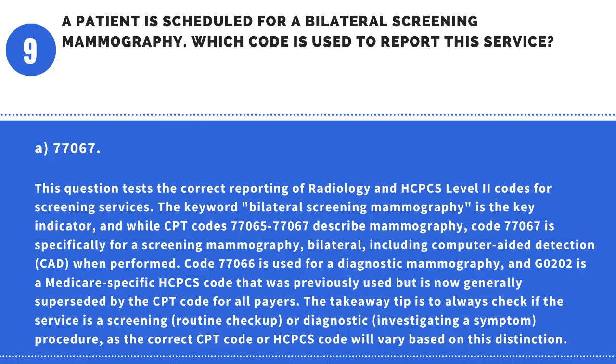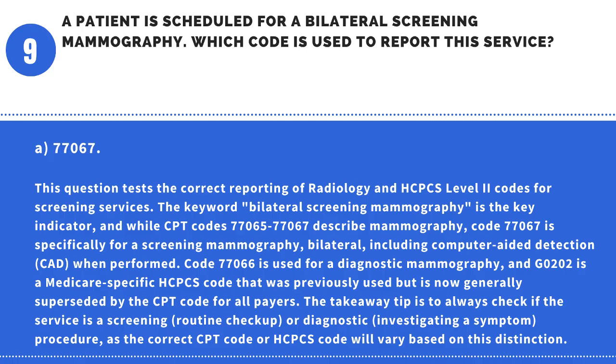The keyword bilateral screening mammography is the key indicator, and while CPT codes 77065 to 77067 describe mammography, code 77067 is specifically for a screening mammography, bilateral, including computer-aided detection (CAD), when performed.